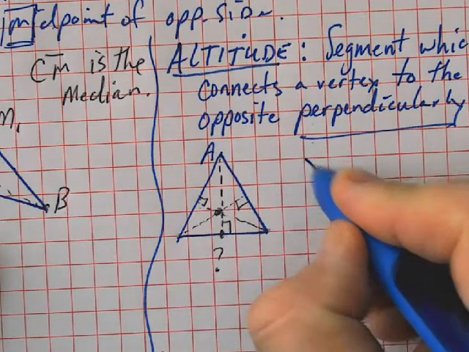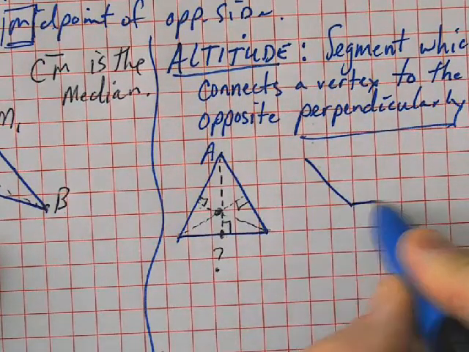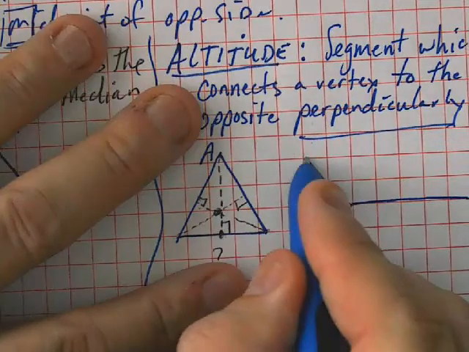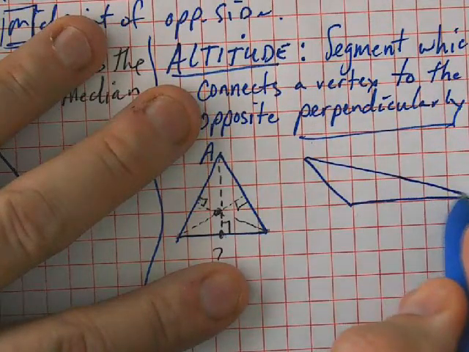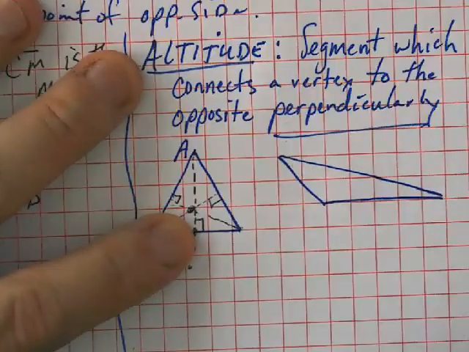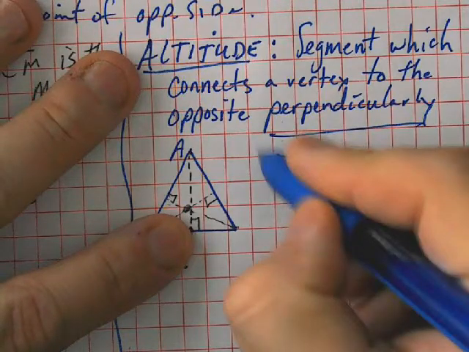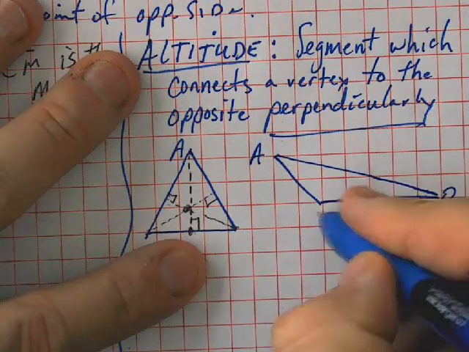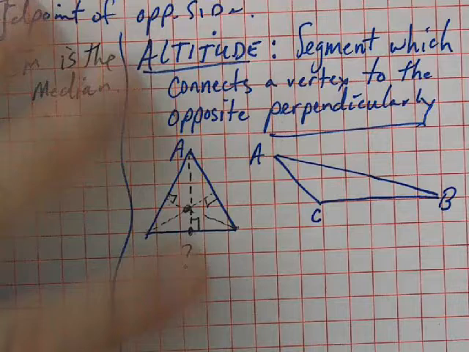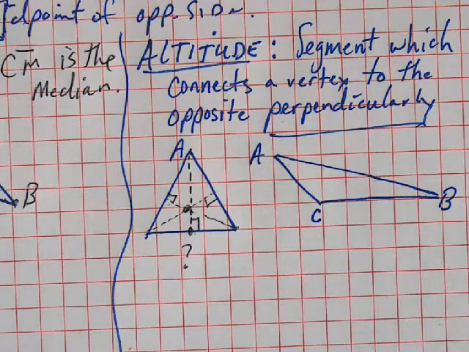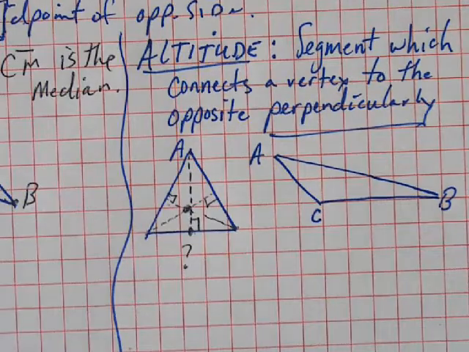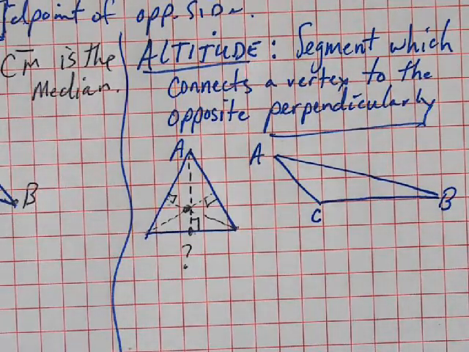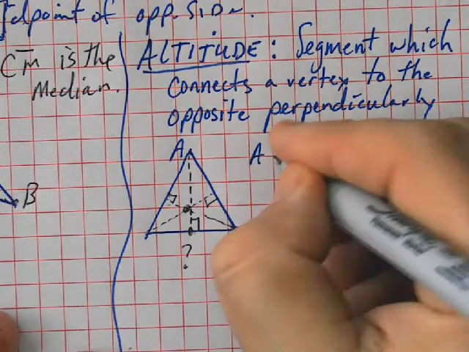All right, so this is one of my favorites. We're looking at an altitude with an obtuse triangle. So we'll go A, B, and C. Now, if we start with A and we want to go perpendicular, let me see if this is going to work here.